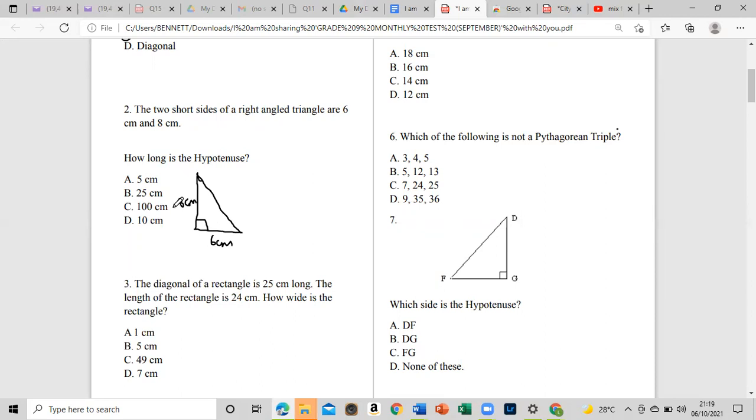So it means that this side square plus this side square is equal to this side square. So 6 square, 8 square. This would give 36 plus 64.